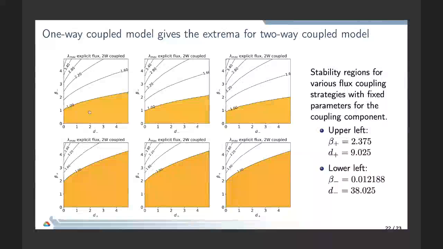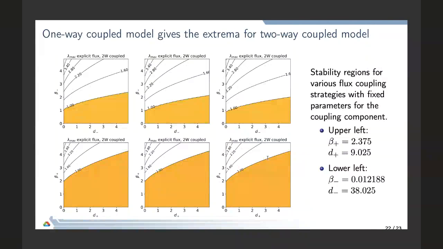From left to right, we are increasing the values of beta plus and d plus. You can see that the stability region for the ocean shrinks as beta plus and d plus increase. But if we look at the stability results for the atmosphere, the stability region stays almost unchanged when we vary the values of beta minus and d minus.